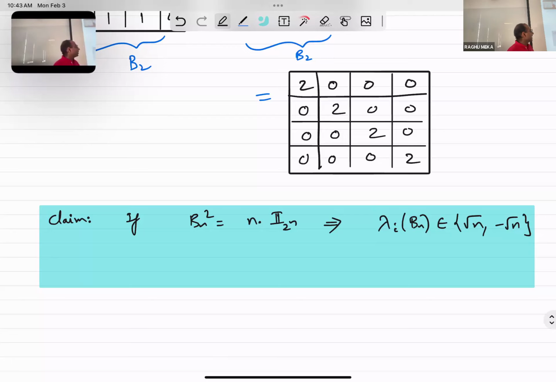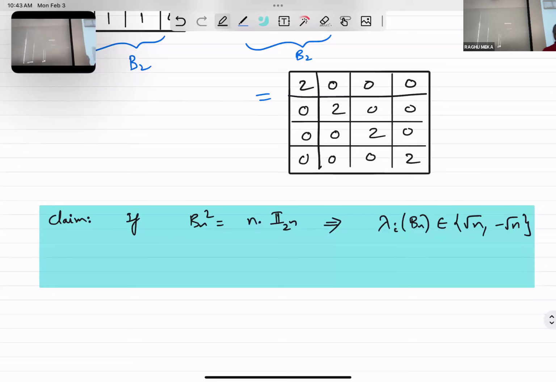Because when I square a matrix, the eigenvalues get squared. The eigenvalues of n times identity are just n. So that means lambda squared is n. So lambda should be root n or minus root n.